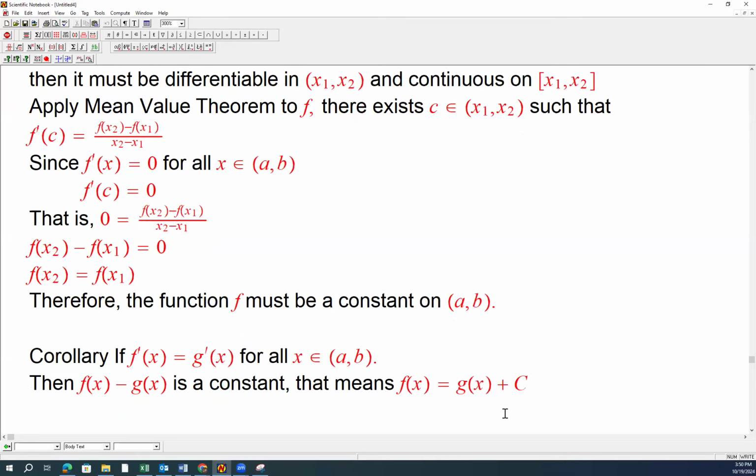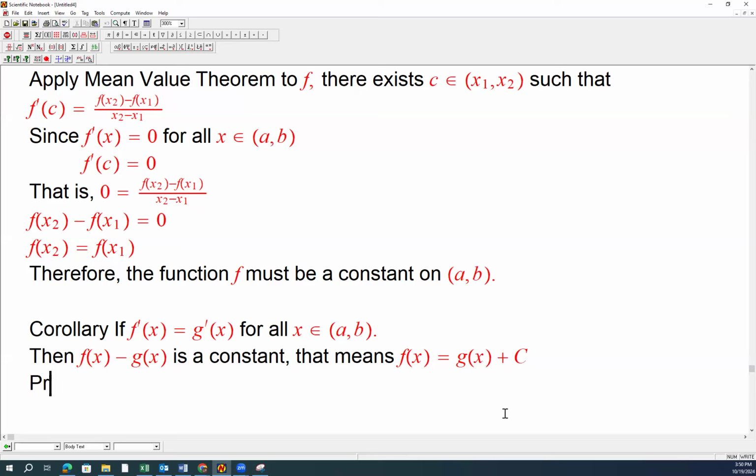So this is another way to say if two functions have the same derivative, then these two functions only differ by a constant. So we're going to prove this. All right, so proof.